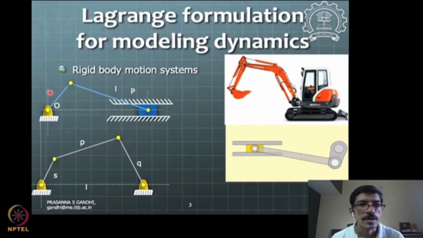For example, there are 4 rigid bodies involved, including the ground, and only 1 degree of freedom in this case. Similarly, in the 4-bar case, there are multiple rigid links involved, and there are actuators also. Some kind of a mechanism gets formed because of the placement of these actuators in different places.